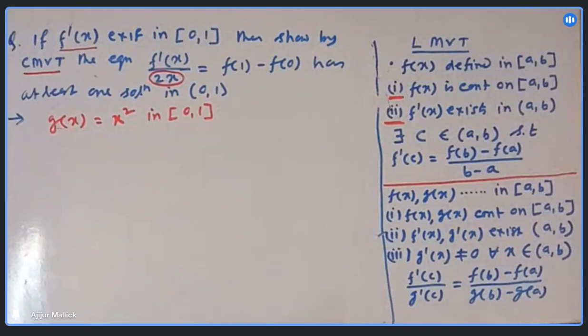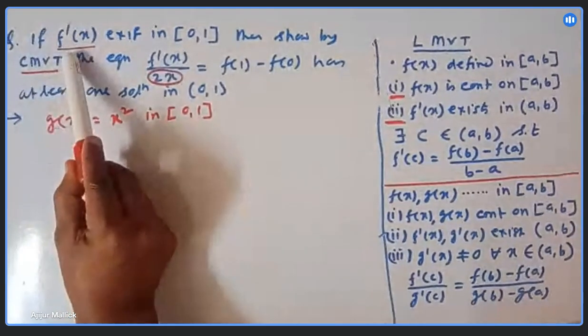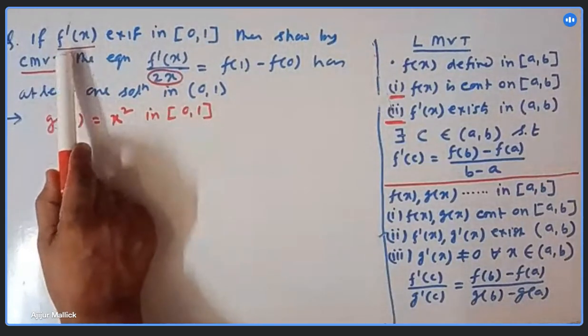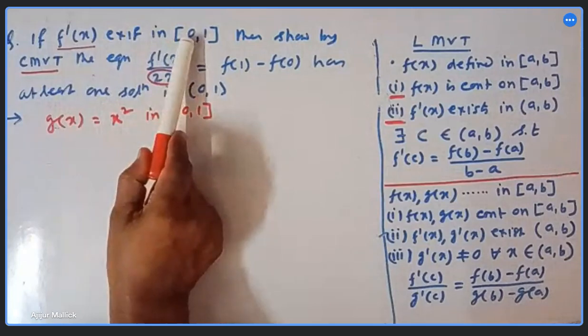Also, I shall use another result we have done in previous semester. If a function is differentiable, then it is continuous. Here f dash x exists, meaning it is differentiable. So we can say that fx is continuous.